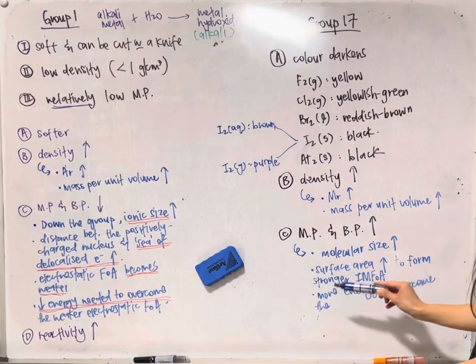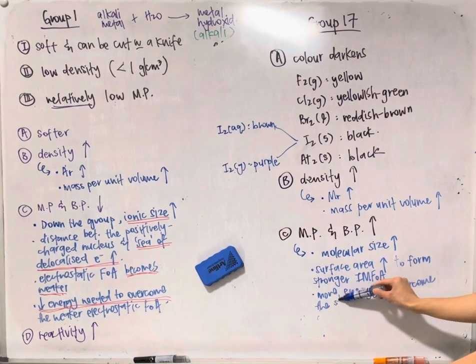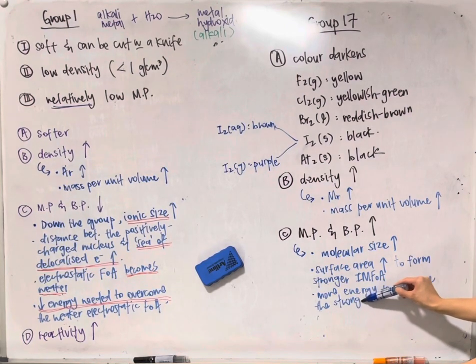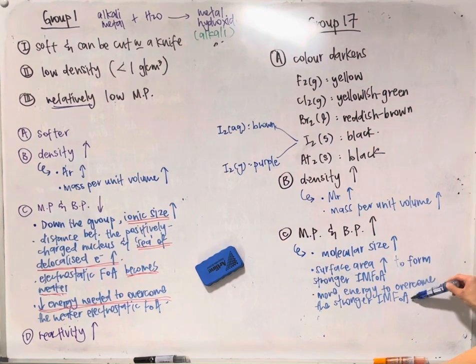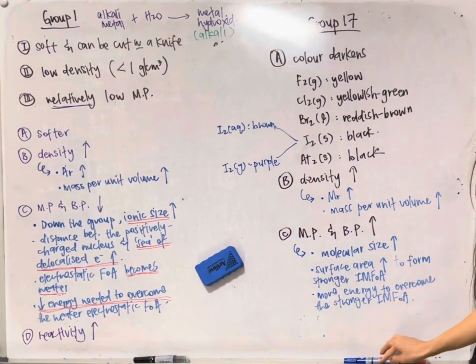You all see this is the standard way to explain stronger intermolecular forces of attraction. I never say intermolecular forces of attraction are strong. I just say they're stronger. Clear? Standard answer.